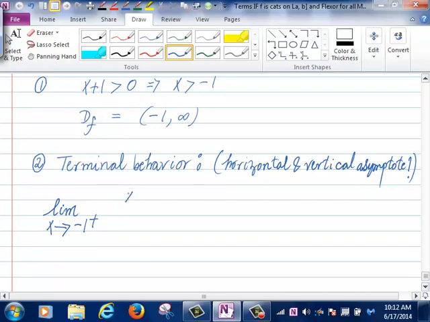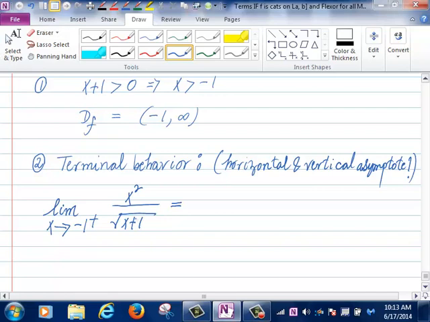And what's the function? The function is x squared over the root of x plus 1. Can someone tell me what this limit is?